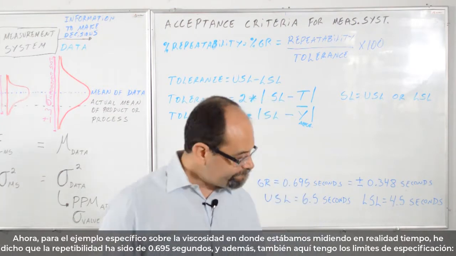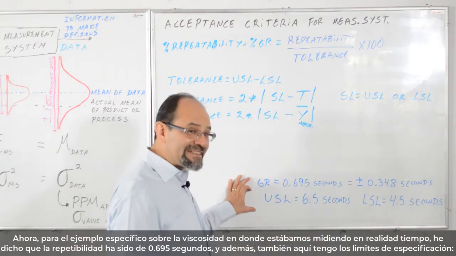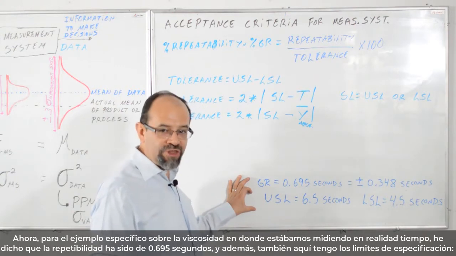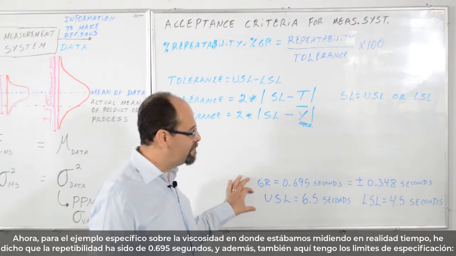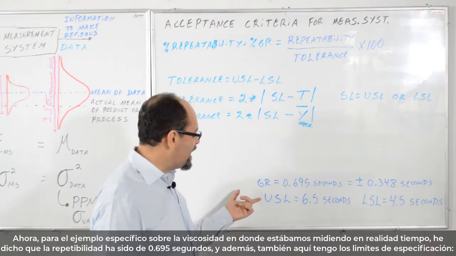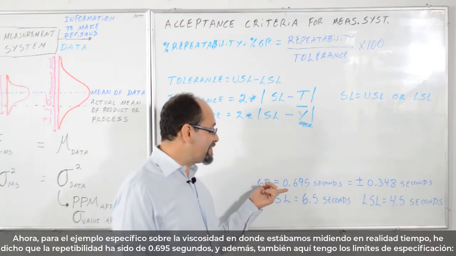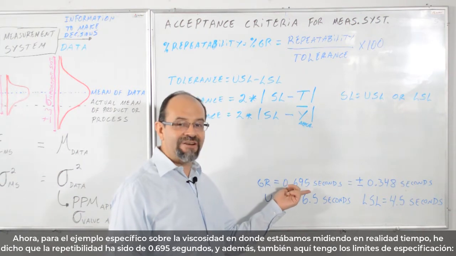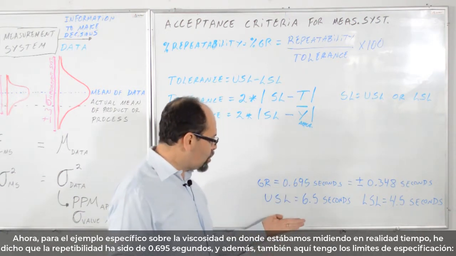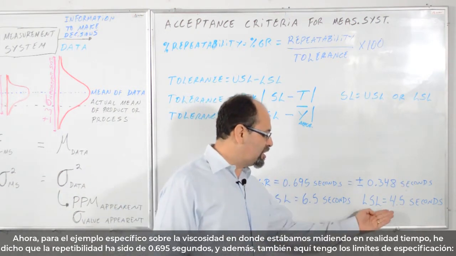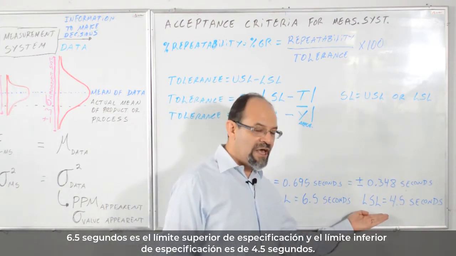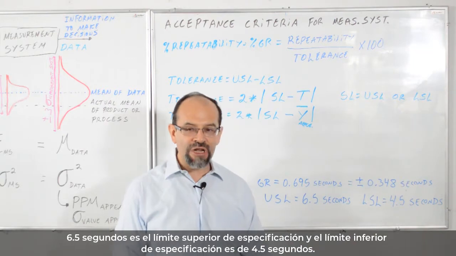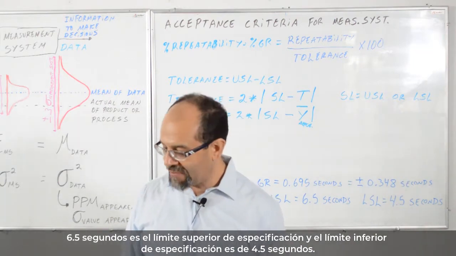Now, for this specific example that we had before, for the viscosity, where we were actually measuring time, I said that the repeatability was 0.695 seconds. But I'm also having here the specification limits. 6.5 seconds is the upper specification limit, and the lower specification limit is 4.5 seconds.